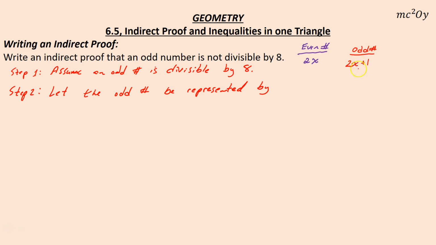So odd numbers are always 2 times x, an even number, plus 1. So let's let the odd number be represented by 2x plus 1, where, let's define x, x is a positive integer.